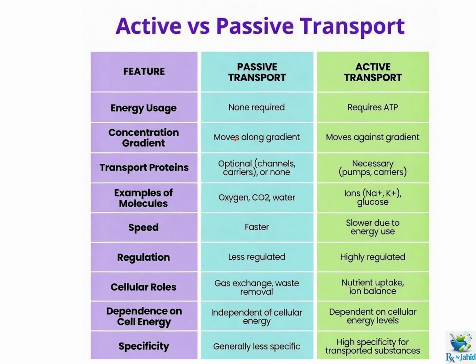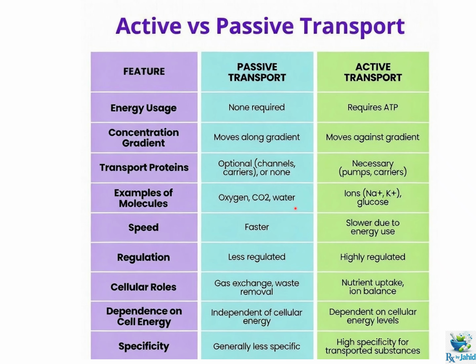It moves along the gradient, but active transport moves against the gradient, that is, from lower concentration to higher concentration, while passive transport occurs from higher to lower concentration. Transport proteins are optional in passive transport, but in active transport they are required because it requires ATP, and ATP will be provided by an enzyme, carrier, or protein.